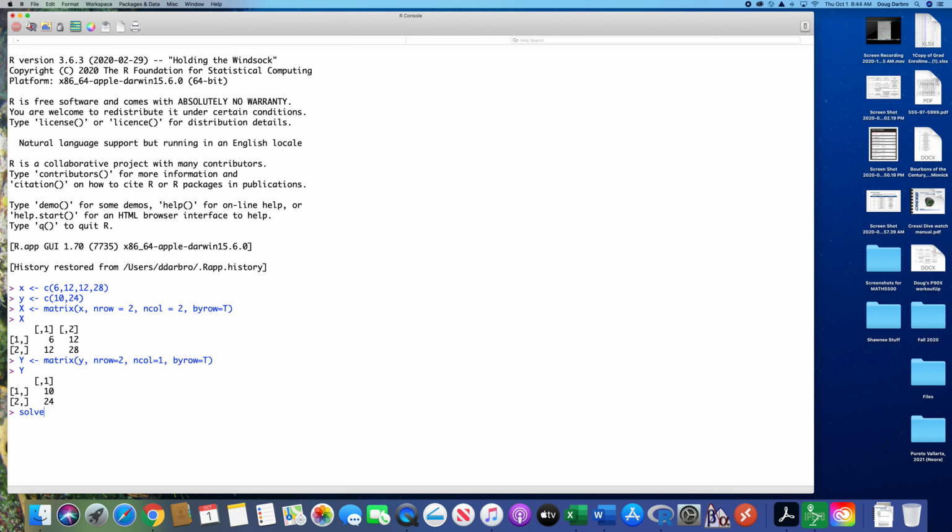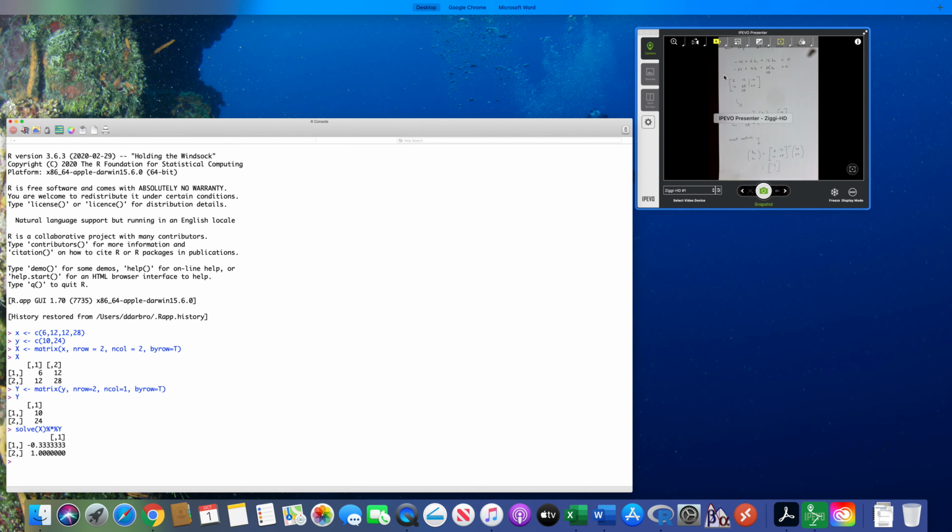So we do that in R using solve. Again, solve is just taking the inverse. When we multiply two matrices, we have to do percent-times-percent and Y. Well, when you do that, you see that we get the 2 by 1 matrix for beta, which is negative 1/3, positive 1.